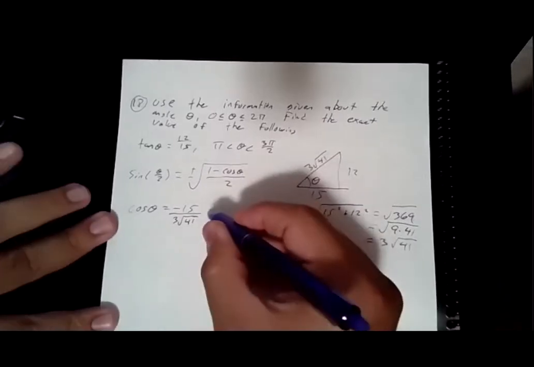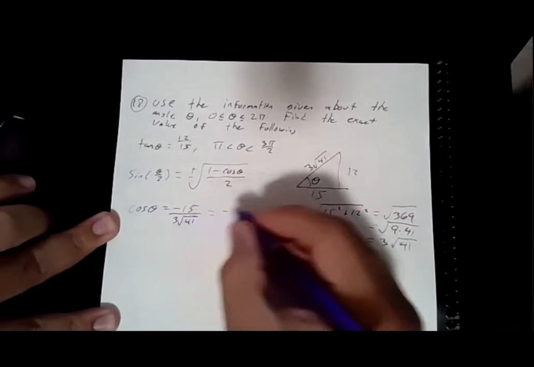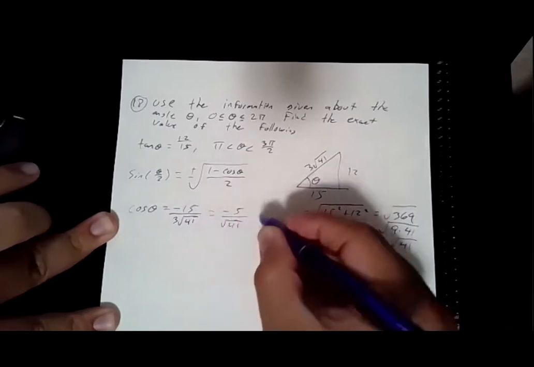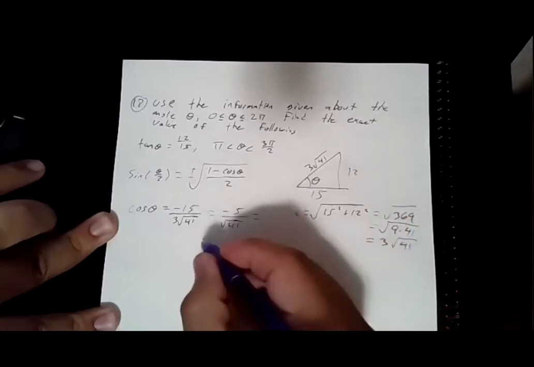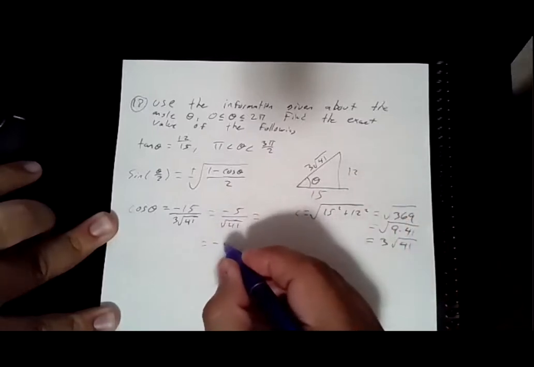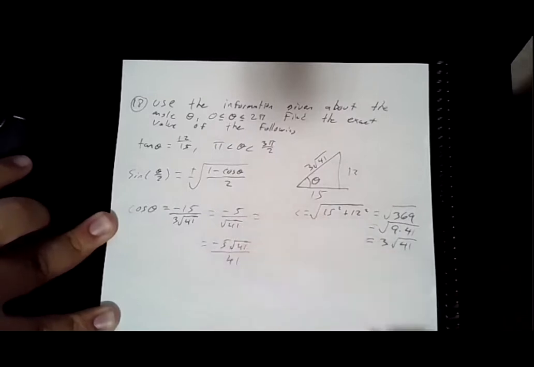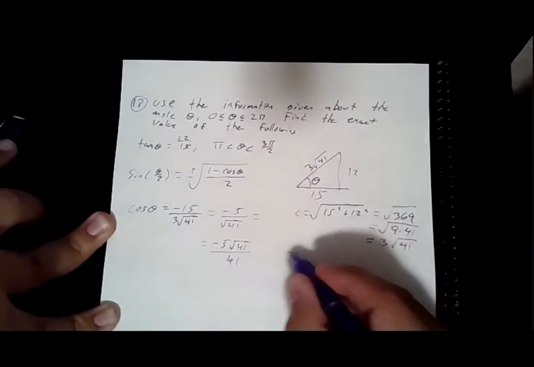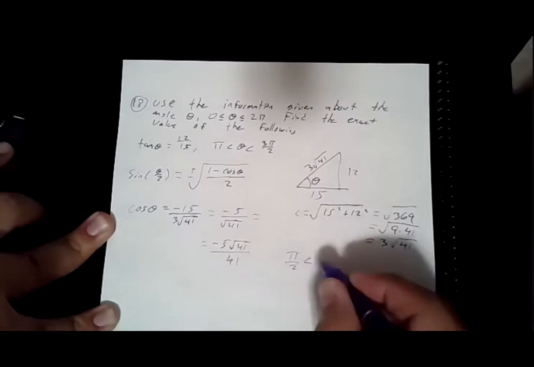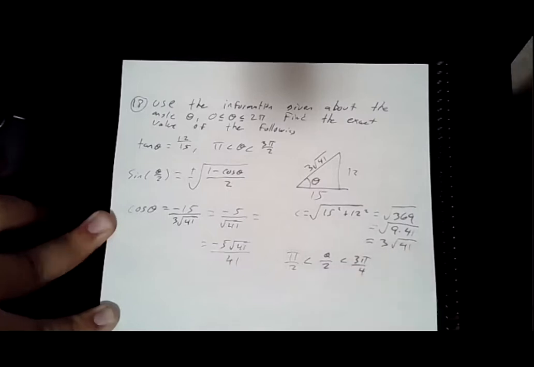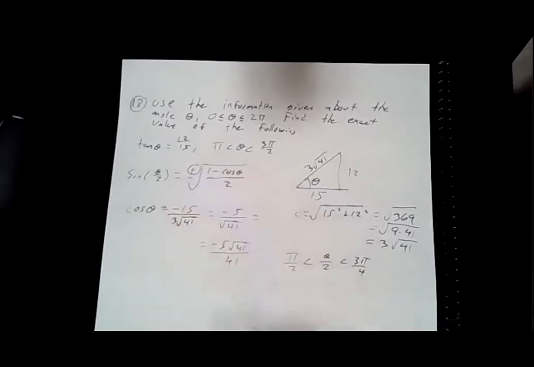Then that will reduce into 15 divided by 3, that's negative 5 root 41, which is negative, I'll do it down here, negative 5 root 41 over 41. And if I divide this by 2, on the last example, we said that's going to be quadrant 2, right? So I'm going to choose the positive because of this.